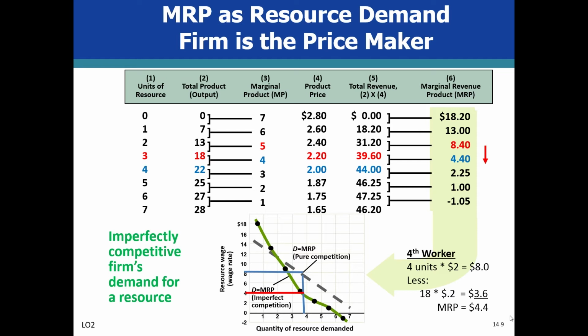A little different happens here in the imperfectly competitive market. The lower market price accompanying each increase in output applies not only to the marginal product of the additional worker, but to all the other output that could have been sold at the higher price.